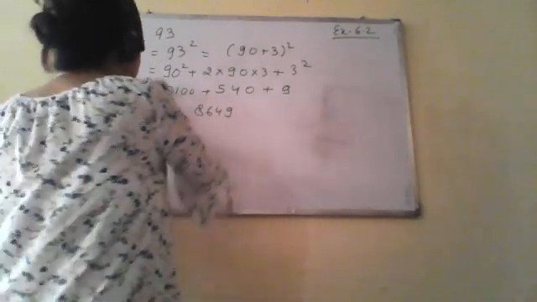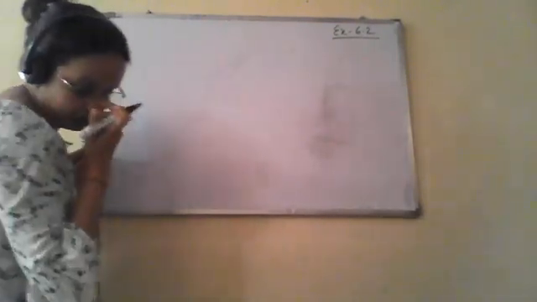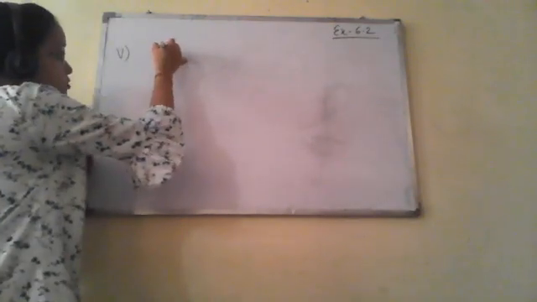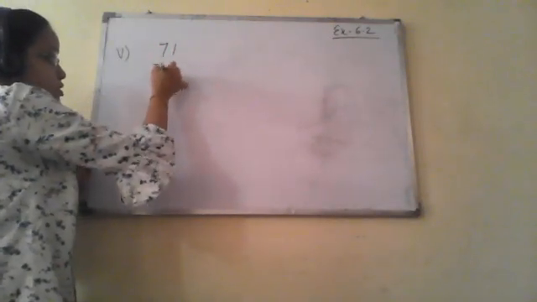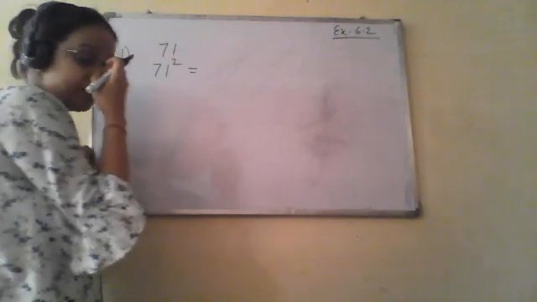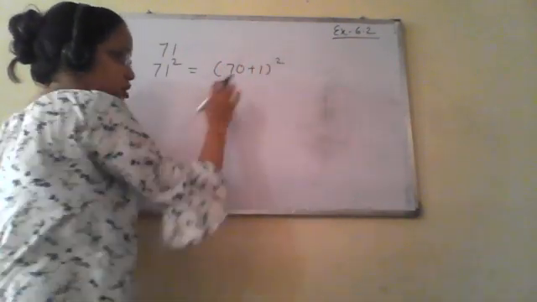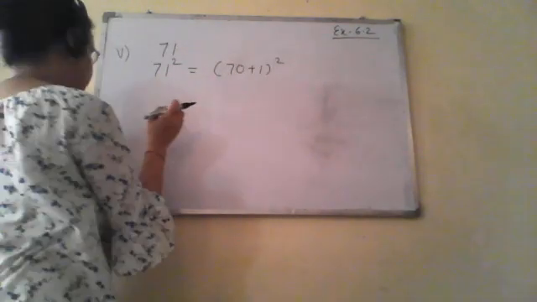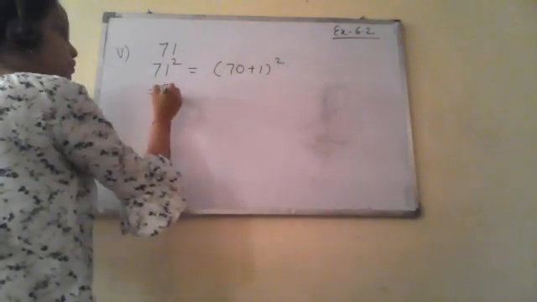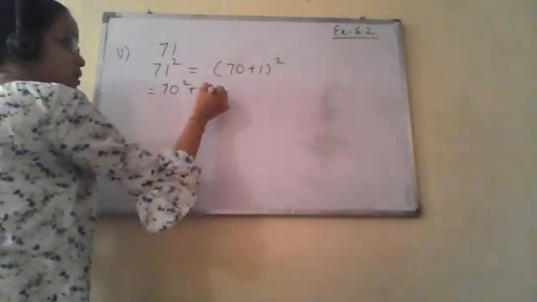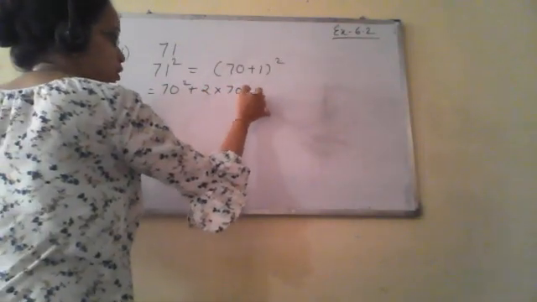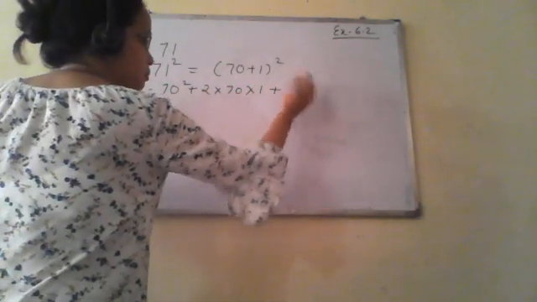Now the next part, the fifth part. We have to find the square of 71. So this is 71 square, and again this 71 can be written as (70 + 1) whole square. So this is A, this is B. We have A square plus 2A into B plus B square.